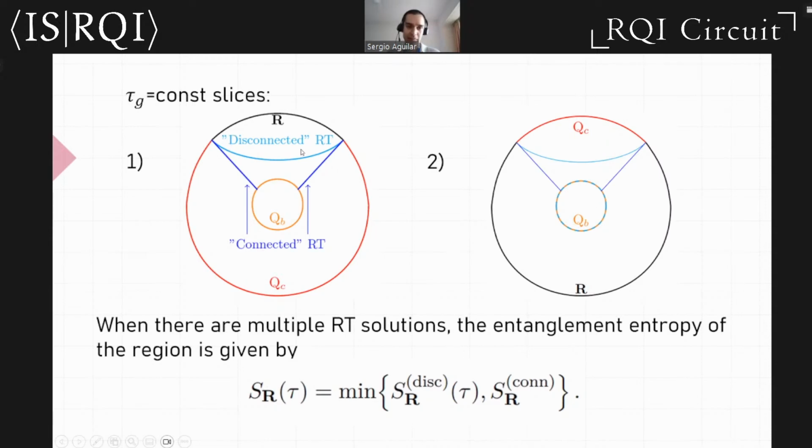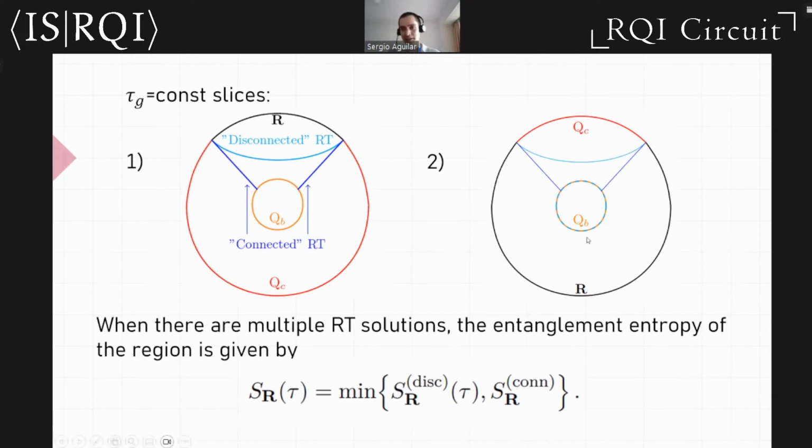And here we can have different types of phases for the entanglement. One is a surface we call disconnected, because it only connects the UV but doesn't connect the UV with the IR. There is also a connected phase that goes from the quasi boundary to the location of the IR brane, where we are integrating out some degrees of freedom. So these are the two cases.